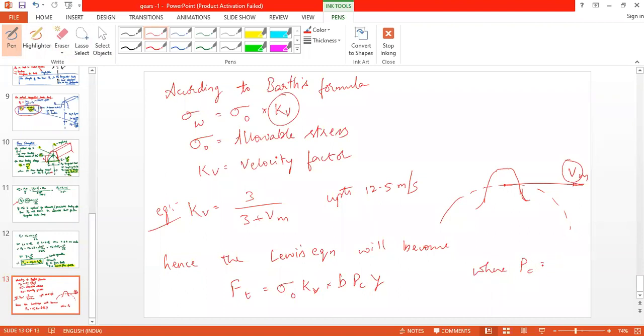What is Cc here? It is circular pitch. It is given by pi d by z.